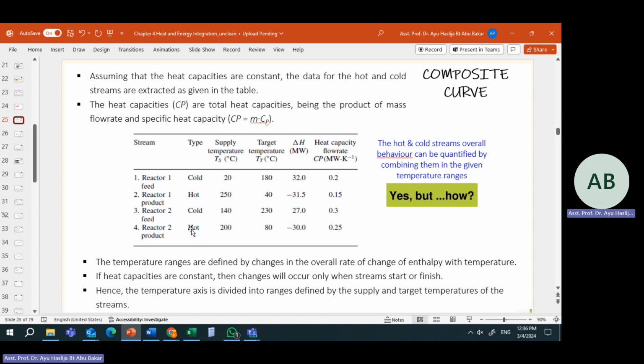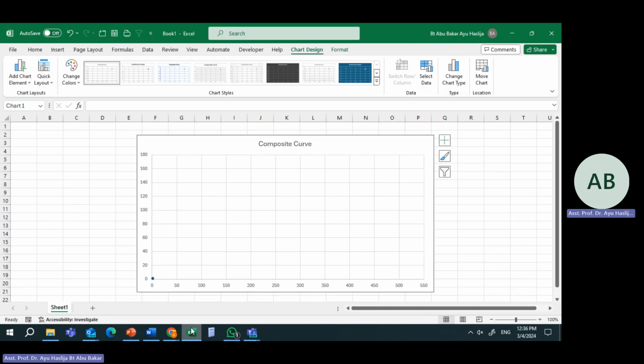So first step, I would suggest you rearrange the streams first. Categorize them into hot and cold so that it is easier for you to see. Let me open my sheet.